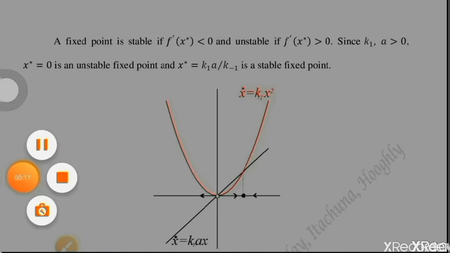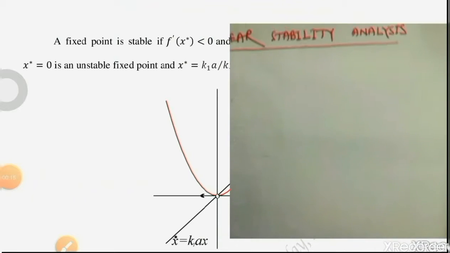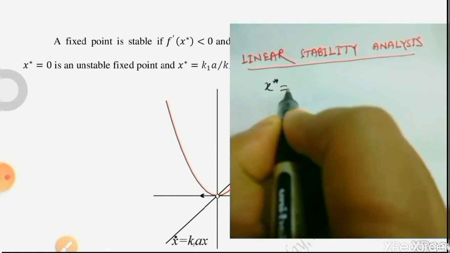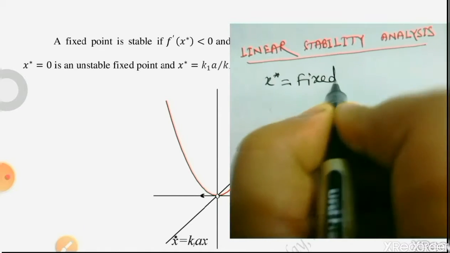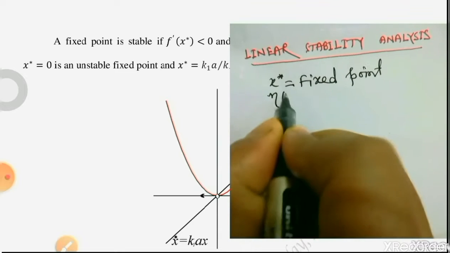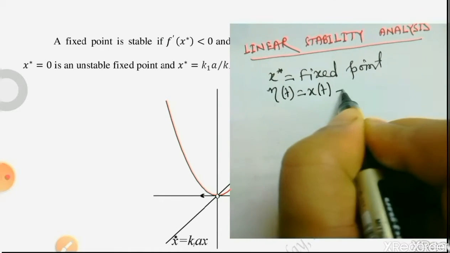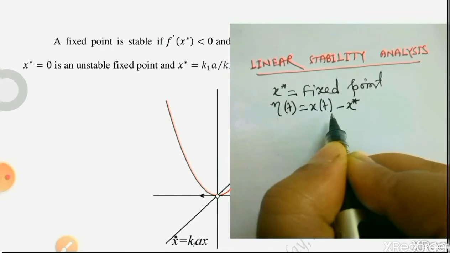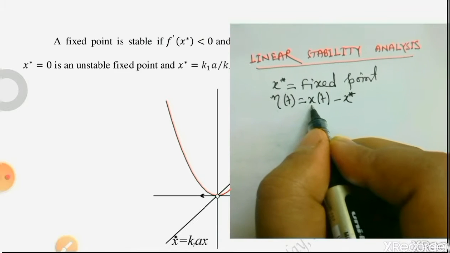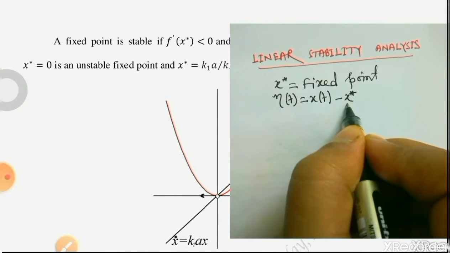Suppose x star is a fixed point, and eta t is equal to x t minus x star. x t represents the time dependence of x, and x star is the fixed point.